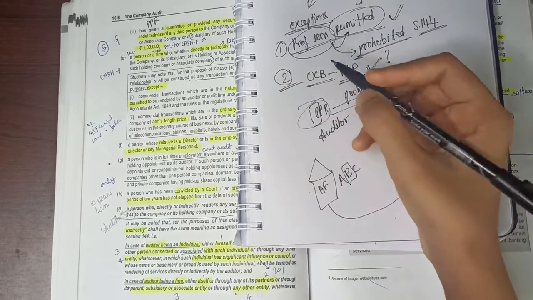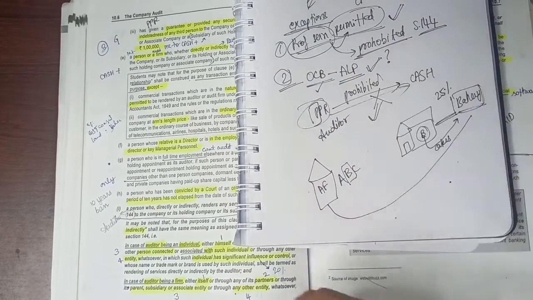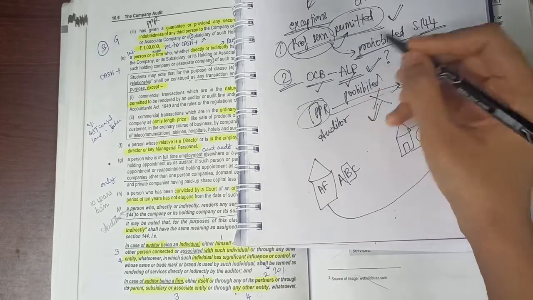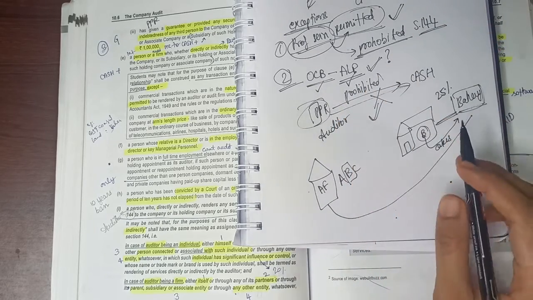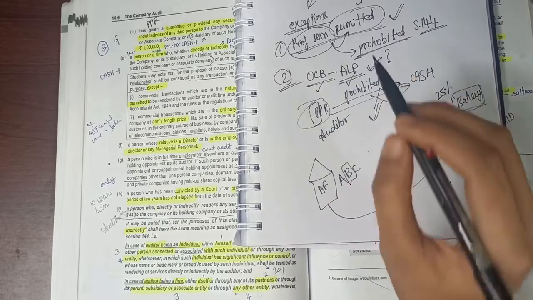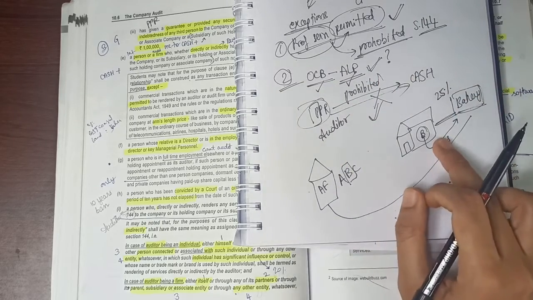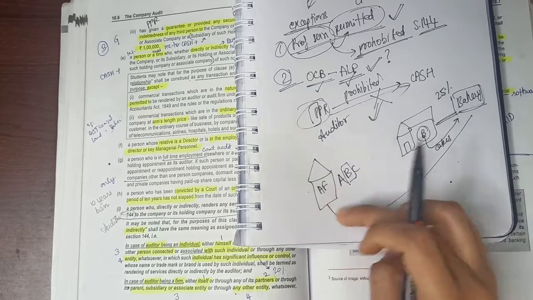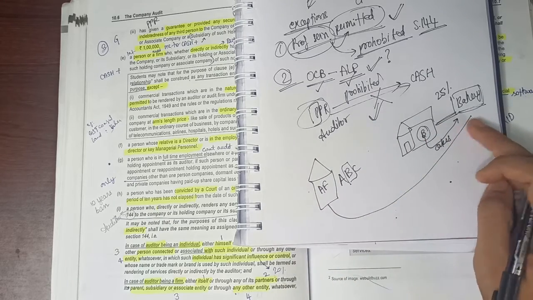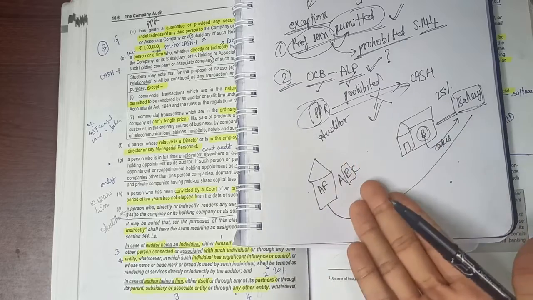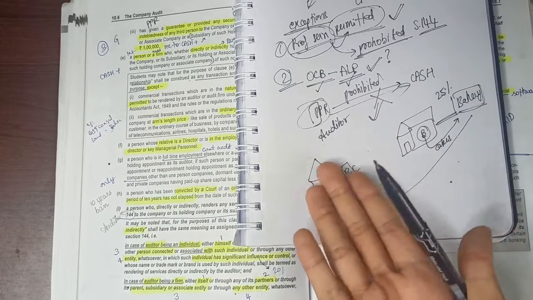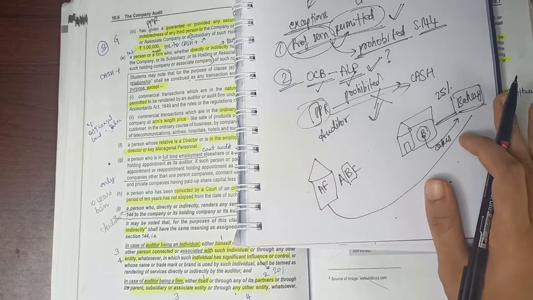If the transaction fulfills the criteria of ordinary course of business and arm's length price, then such transaction will be exempted. Here ordinary course of business is fulfilled, but arm's length price is not fulfilled. So in this case, this firm will be disqualified to be the auditor of this company, because they have done some commercial transaction which is not under the exception.